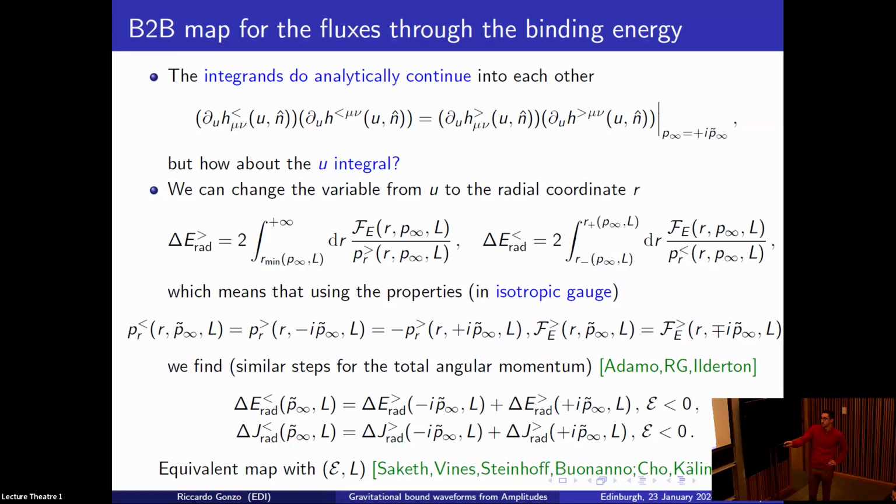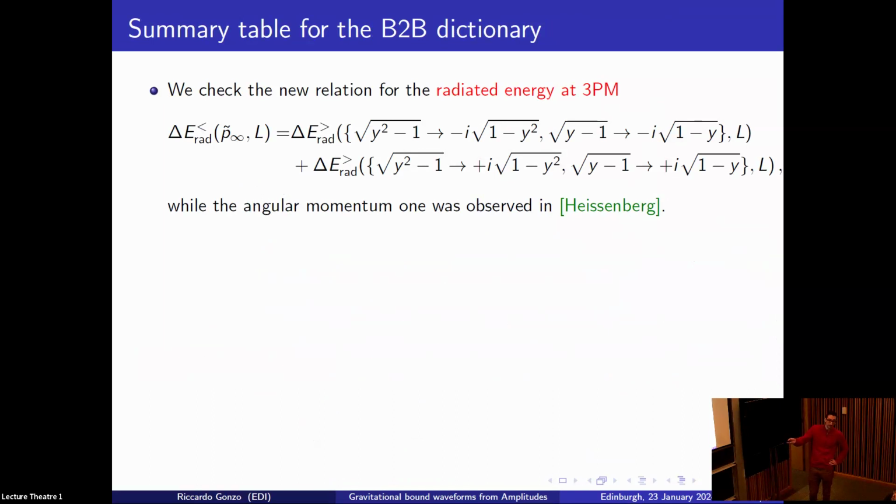This one was also found by Carlo, and this one we checked at 3PM. One interesting thing is that you have to be careful about the branch cut prescription being consistent. If you have the square root of y squared and the square root of y minus 1, you have to be consistent in the analytic continuation of both square roots.